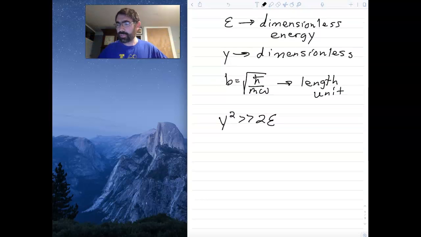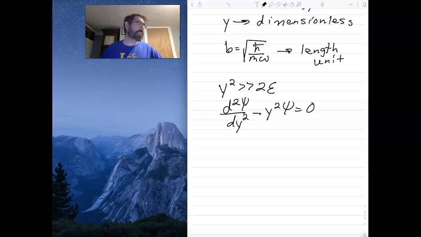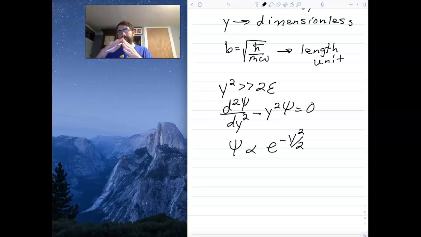If that is the case, then our equation reduces to something very simple, that we've seen before, and this is essentially proportional to e to the minus y squared over 2. Okay, so that's good. So in the end, what we get is a wave function that should have an exponential decay the further and further we get away from the origin.